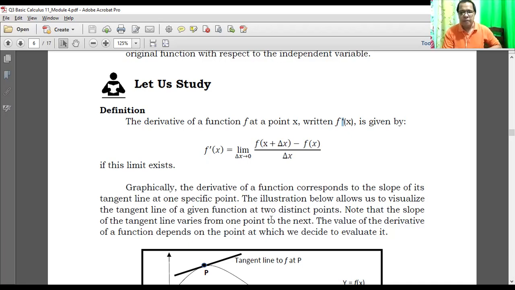So that is prime in the mathematical term, or you can say the derivative of a function.